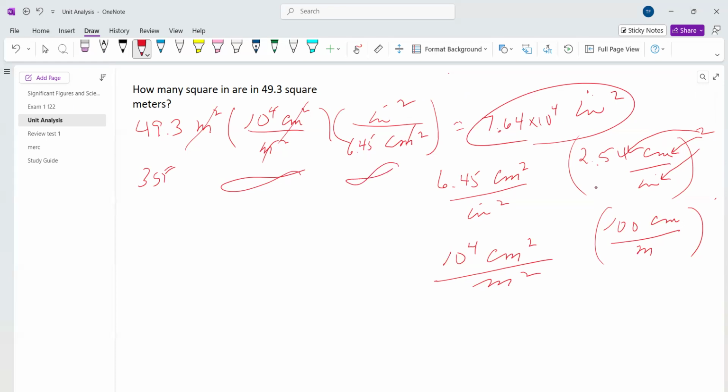Now, if this was how many cubic inches are in 49 cubic meters, we would just do a cubic conversion. Instead of squaring it, we cube it. Same process, though.